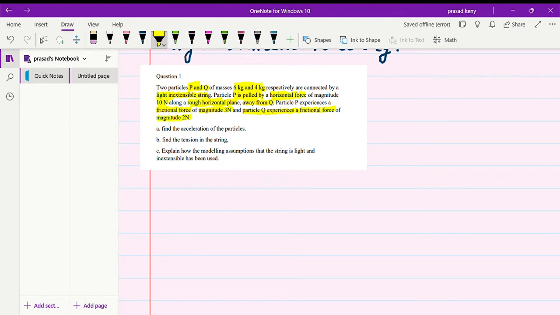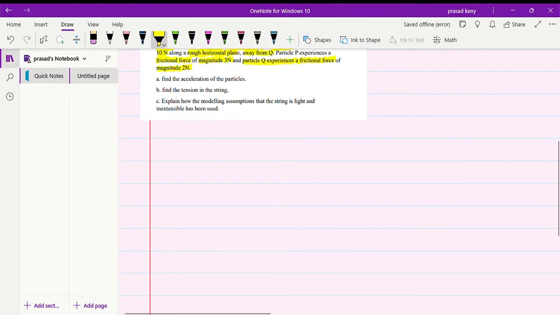Find the acceleration of the particle and tension in the string and explain how the modeling assumption that the string is light and inextensible is used.